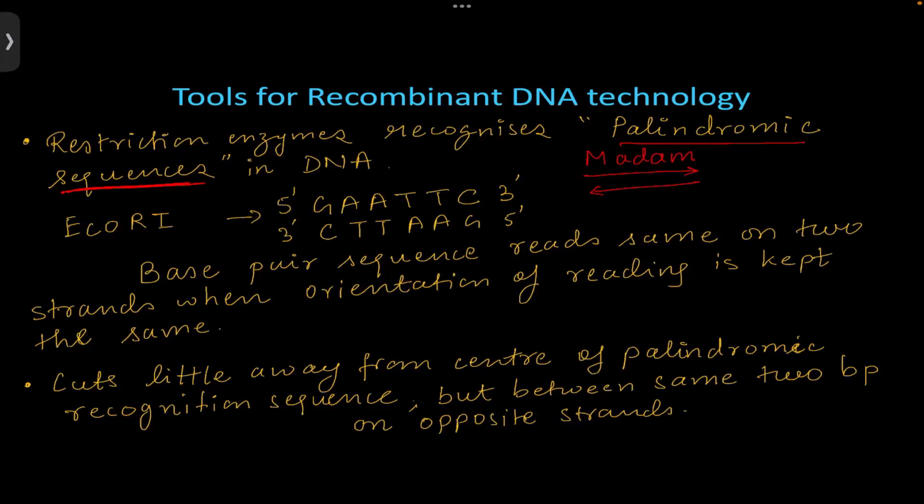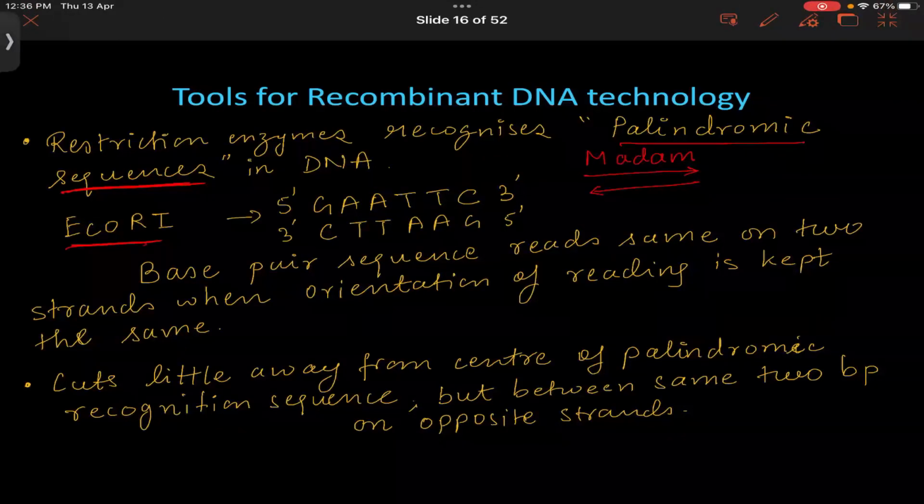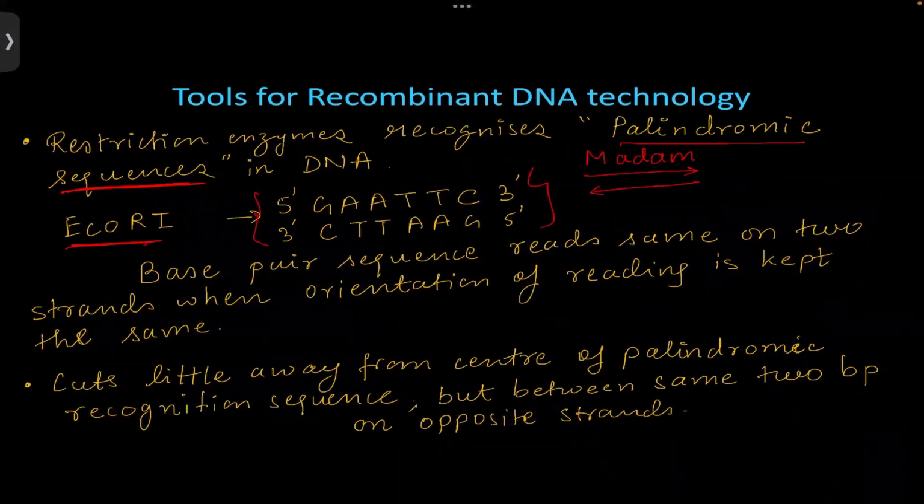Whereas in a DNA sequence, what does palindrome mean? Here also the logic applies. For the restriction enzyme EcoR1, this is its recognition sequence. When you read this sequence from 5' to 3' direction, it is GAATTC. Whereas when you read the other strand from 5' to 3' direction, here also GAATTC.